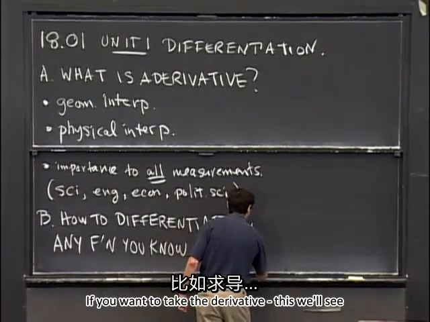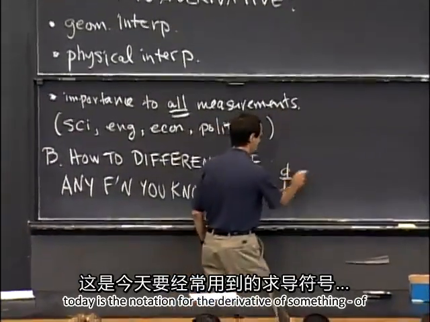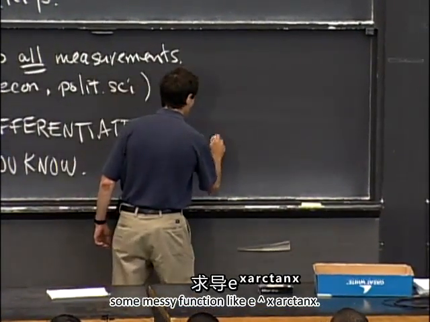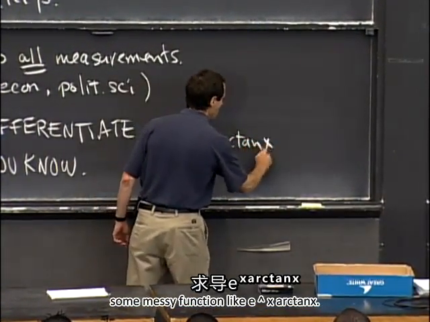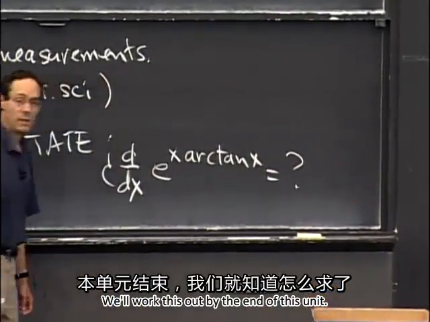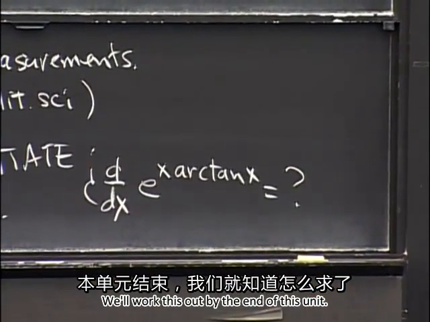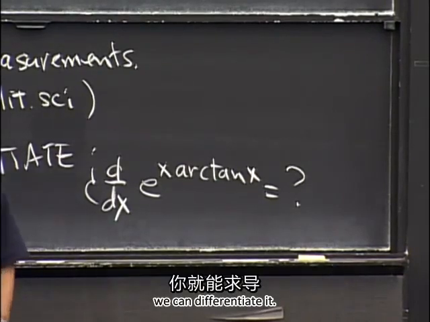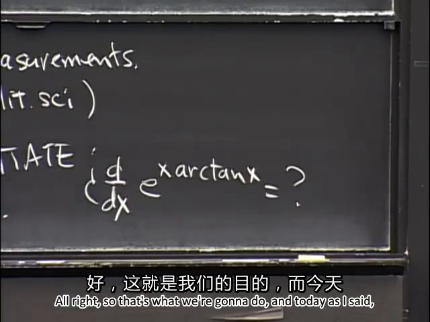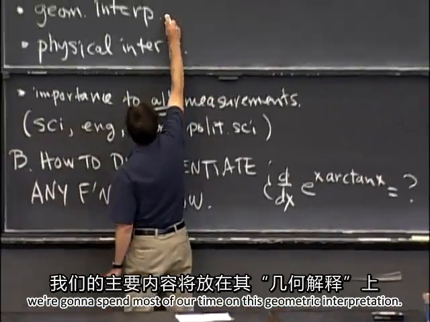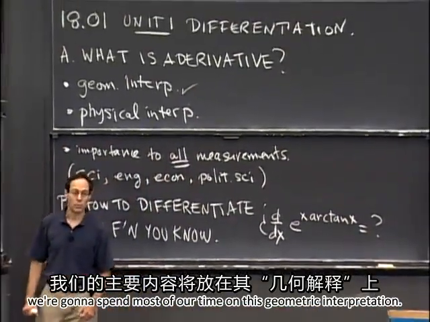If you want to take the derivative, this we'll see today as the notation for the derivative of something, of some messy function like e to the x arctan of x, we'll work this out by the end of this unit. So anything you can think of, anything you can write down, we can differentiate it. All right, so that's what we're going to do. And today, as I said, we're going to spend most of our time on this geometric interpretation.